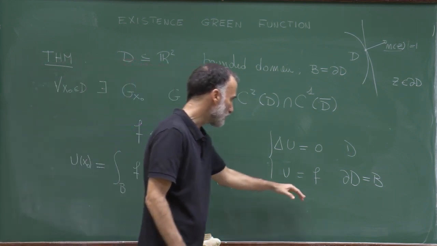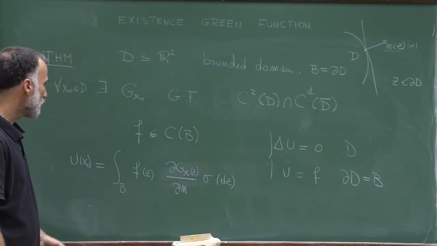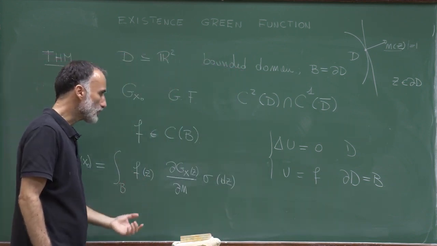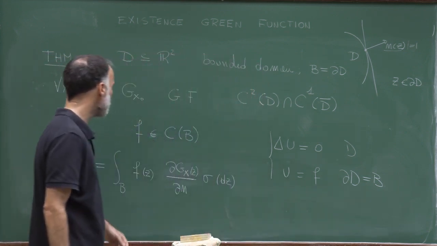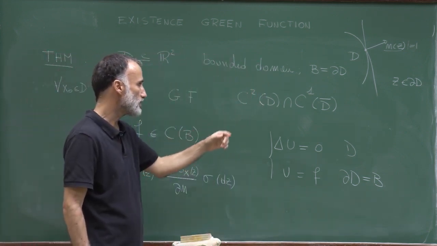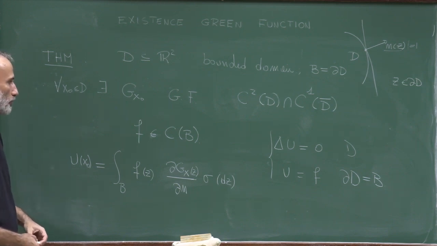So actually, we can prove the existence of a solution of the Laplace equation with any measurable bounded condition f, provided that the Green function is of class C1 in the closure of D.